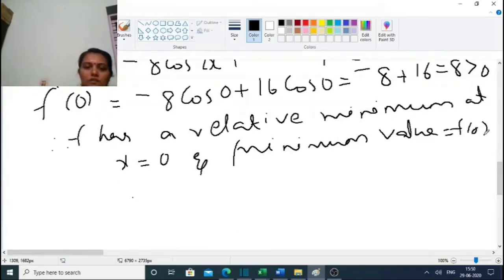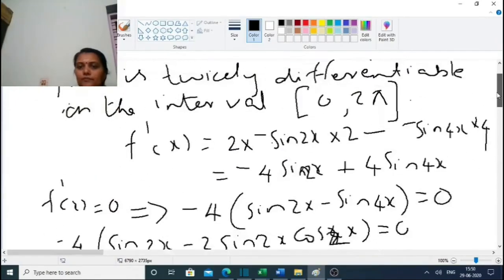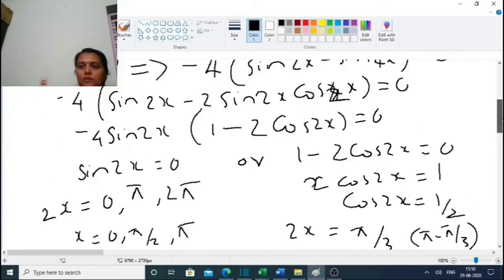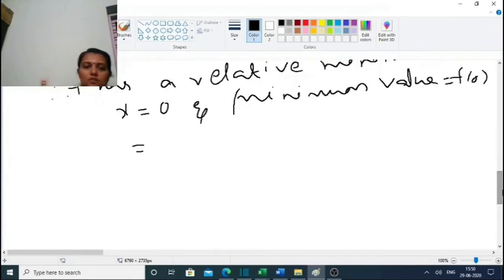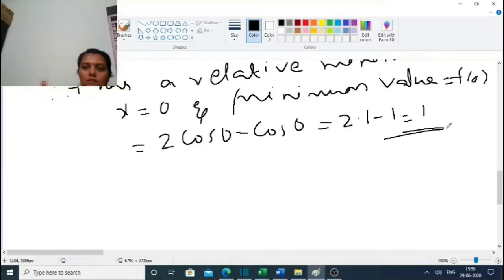The function is 2 cos 2x minus cos 4x, so 2 cos 0 minus cos 0, which is equal to 2 into 1 minus 1, equal to 1.